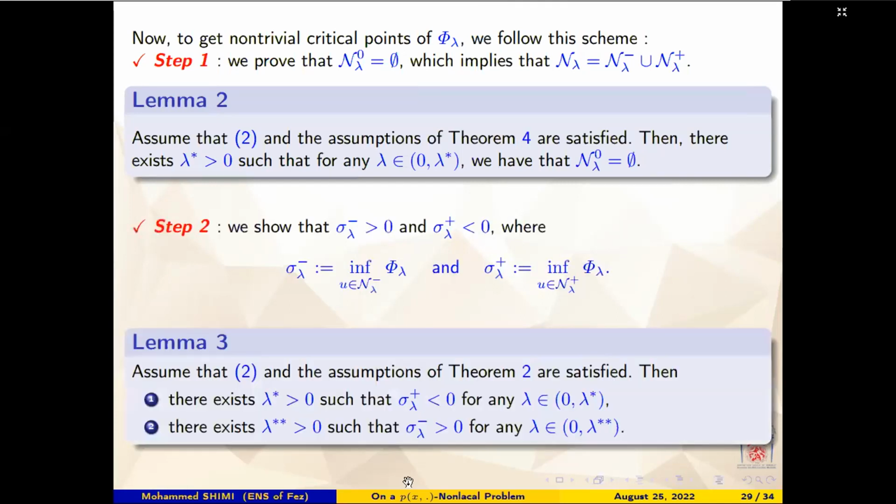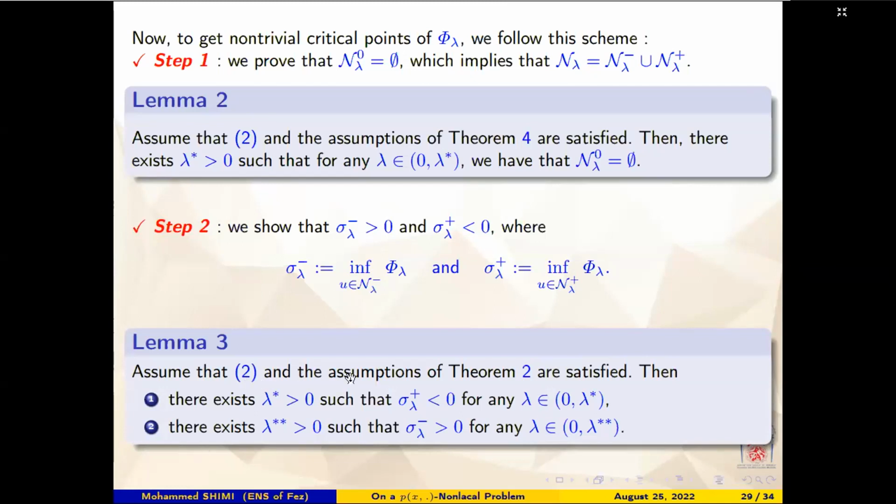In the second step, we show that sigma lambda minus, which is the infimum of phi lambda on N lambda minus, is positive, and the infimum of phi lambda on N lambda plus is negative.